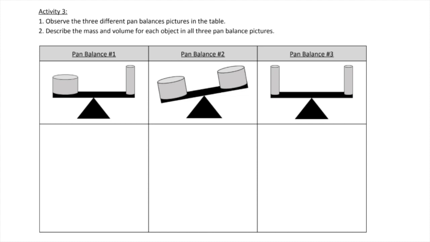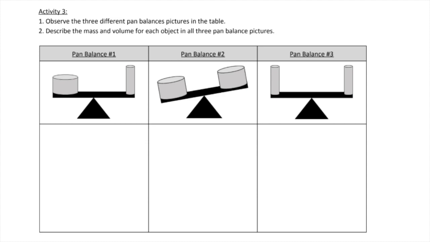So mass, we can relate it to weight, even though it's not exactly weight, because when we talk about weight, we're talking about Earth's gravity, and we're not always talking about mass on Earth. Okay, so point is, we can think about mass like we think about weight. Same concept. Volume is how much space the object takes up.